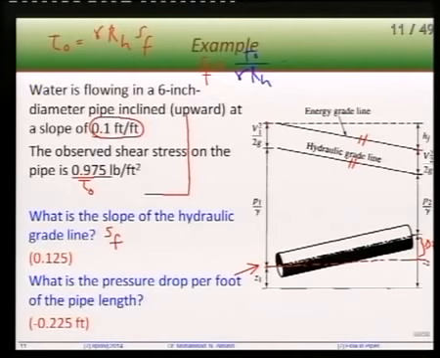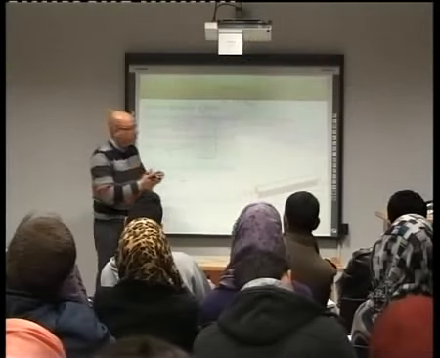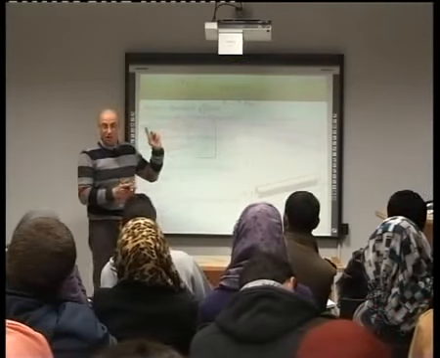This is, and for the hydraulic radius, it gives you the d. So it's d over 4. But the d must be in foot. This is in inch. So over 12.